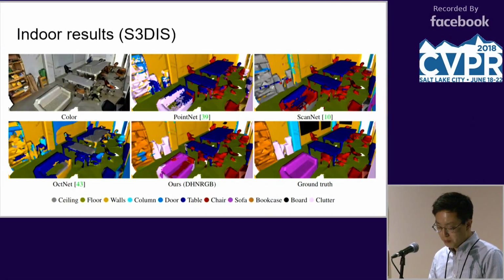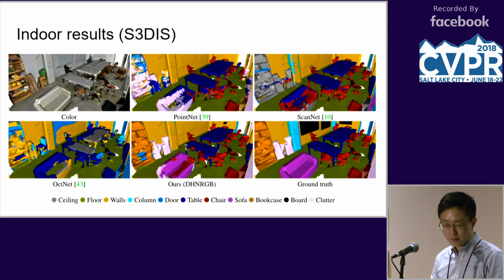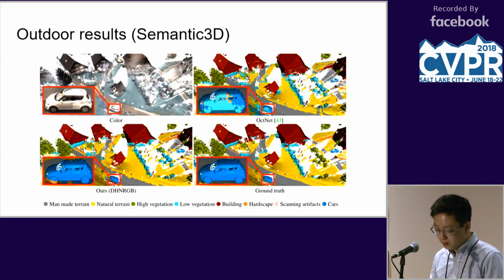So this is the comparison with different approaches, and this is a real example of indoor scenes. And this is an example of a town-scale outdoor scene, which is captured by a LiDAR scanner.